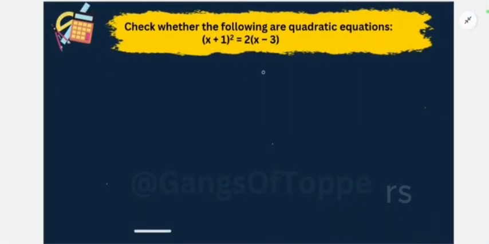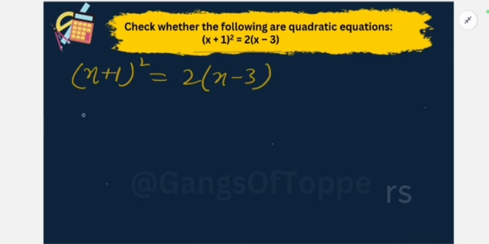Let's take the first question of the chapter. Check whether the following are quadratic equations. The question is (x plus 1) whole square equals to 2 into (x minus 3). Let's break this. x square plus 2x plus 1 equals to 2x minus 6.